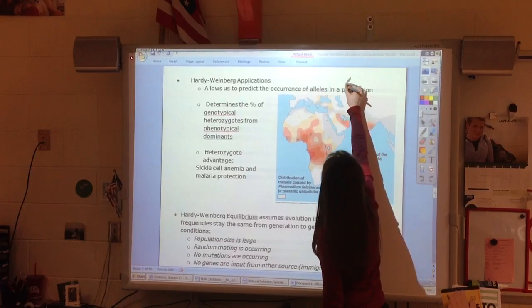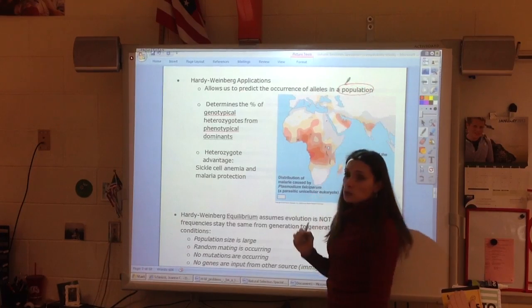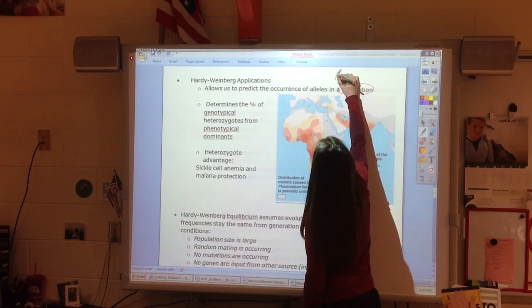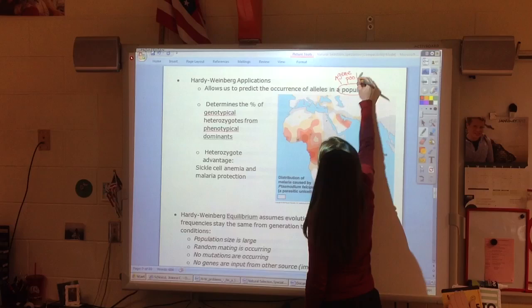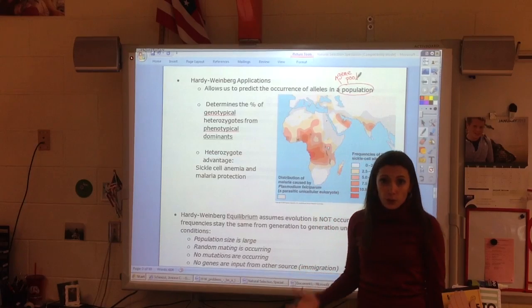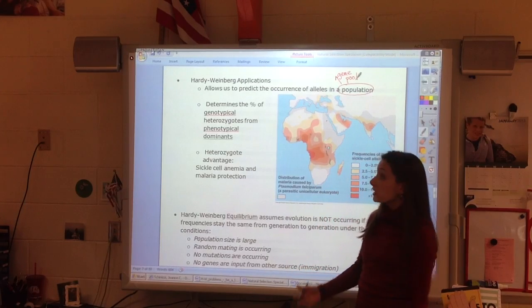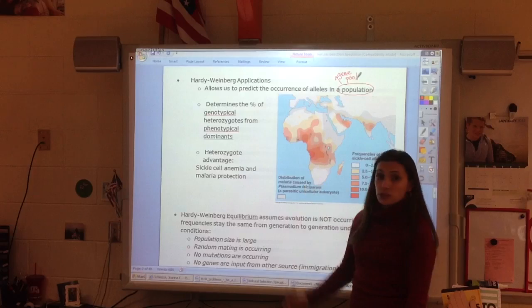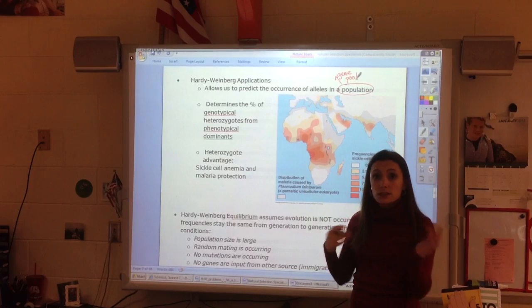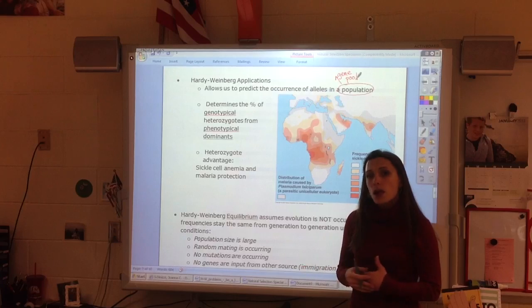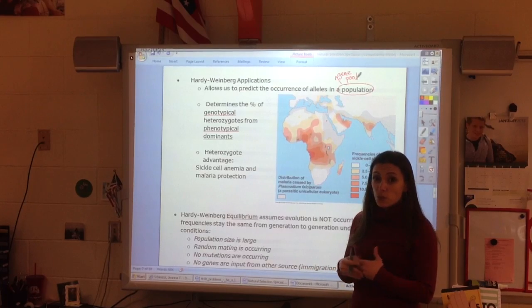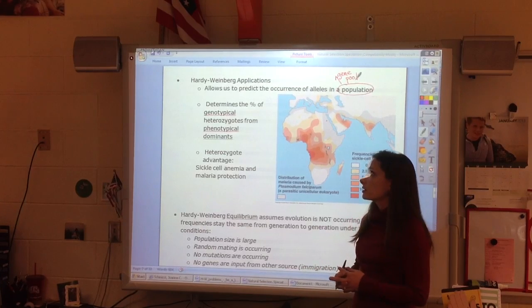So when we look at a certain group of individuals, in that population's gene pool, which alleles are present in that gene pool. And we can compare populations across the world. And so we can see if the populations have a lot in common or if they're very different. And then we can begin to predict what caused those differences.